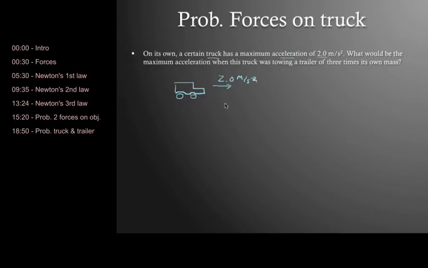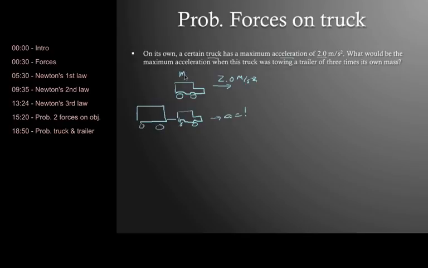It's really hard to write it too. What would be the maximum acceleration of this truck if, so I really have two problems here that are related in some way. So what is A? That's what I want to find out. If it's towing a trailer with 3 times its mass.